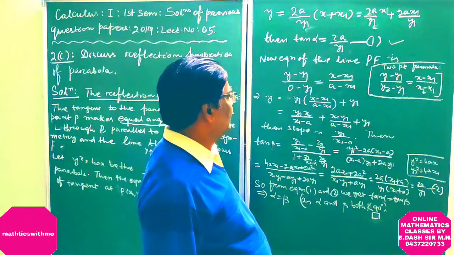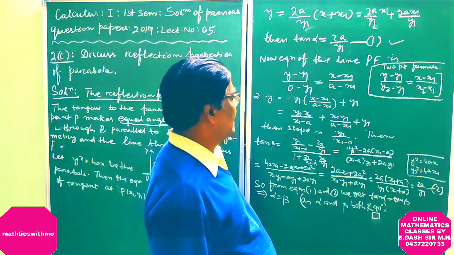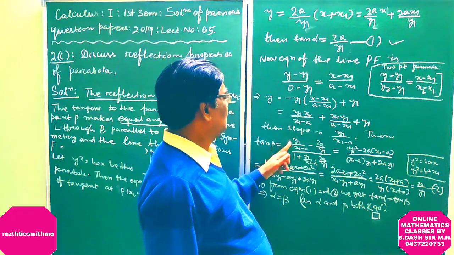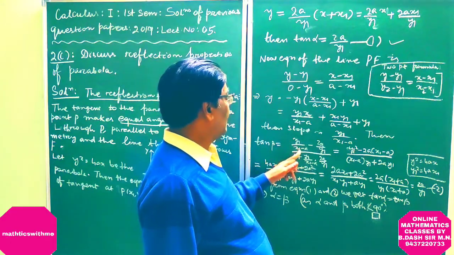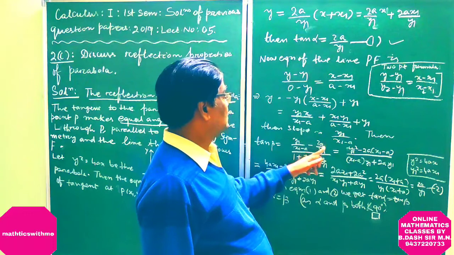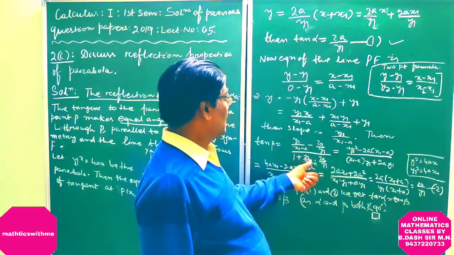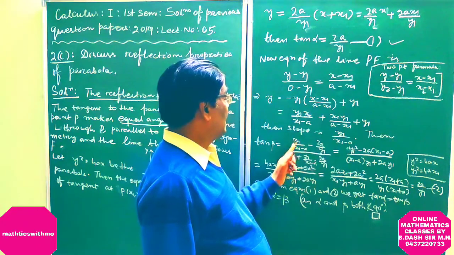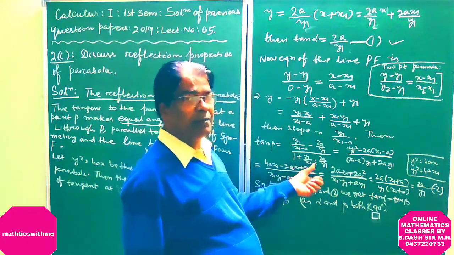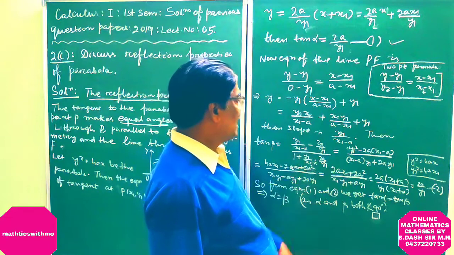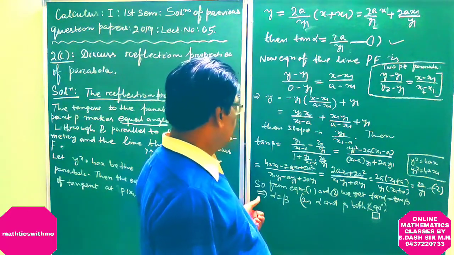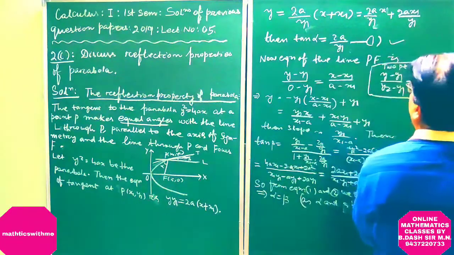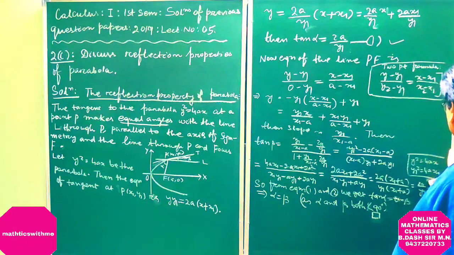The slope is y1 by x1 minus a. Then tan beta is equal to y1 by x1 minus a minus 2a by y1, over 1 plus y1 by x1 minus a into 2a by y1, that is, m2 minus m1 by 1 plus m1 m2. Now solving this value, we get again 2a by y1.